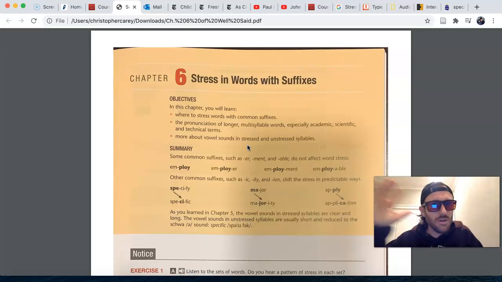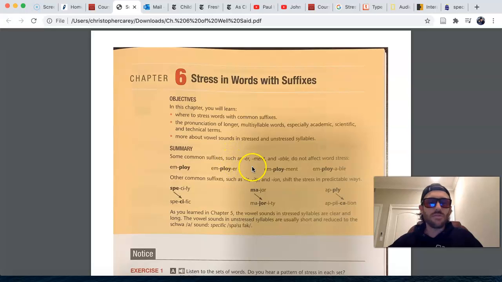They're very clear and long. Well, what do unstressed vowel sounds sound like? Vowels in unstressed syllables, how do we pronounce those? So we'll distinguish the two in greater detail. We talked about them already with vowel sounds a few weeks back, but we'll take a look at that again, especially with regard to suffixes.